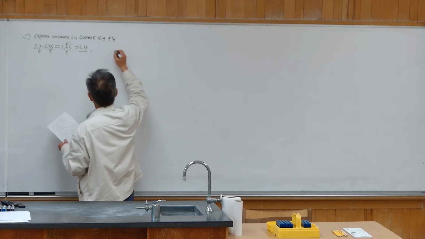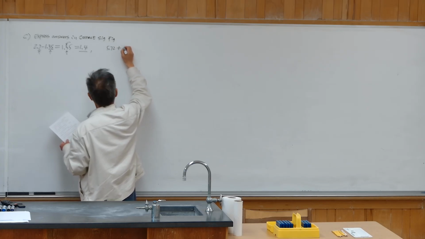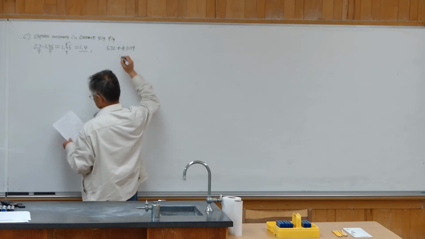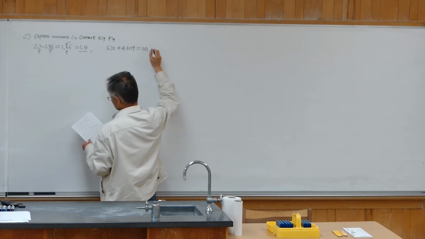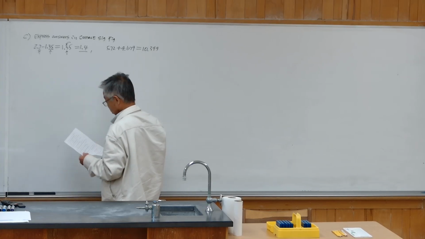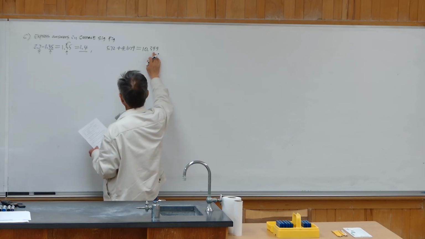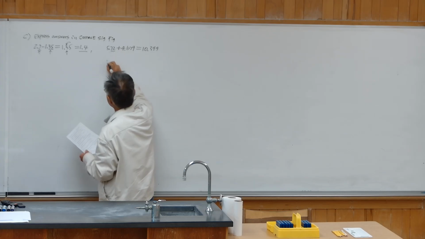Next calculation is 5.72 plus 4.679. The calculator gave you the answer 10.399. The rule is the same as subtraction, so the answer cannot have more decimal places after the decimal point.